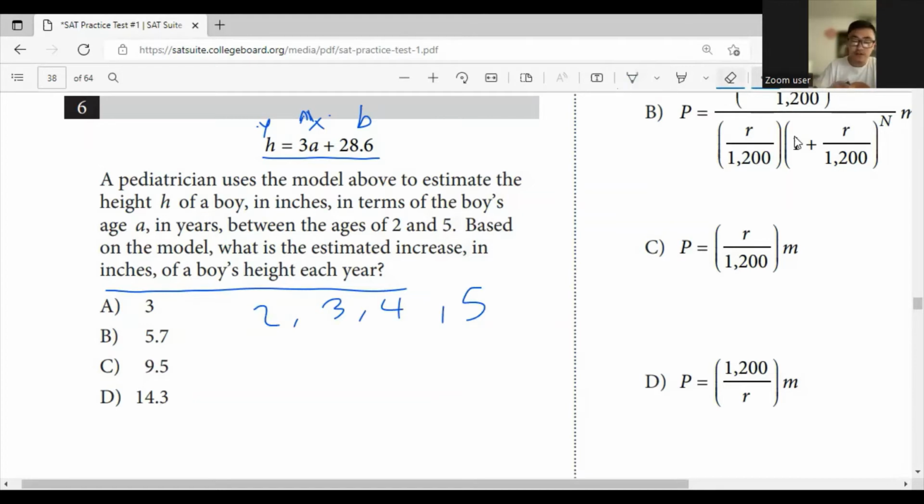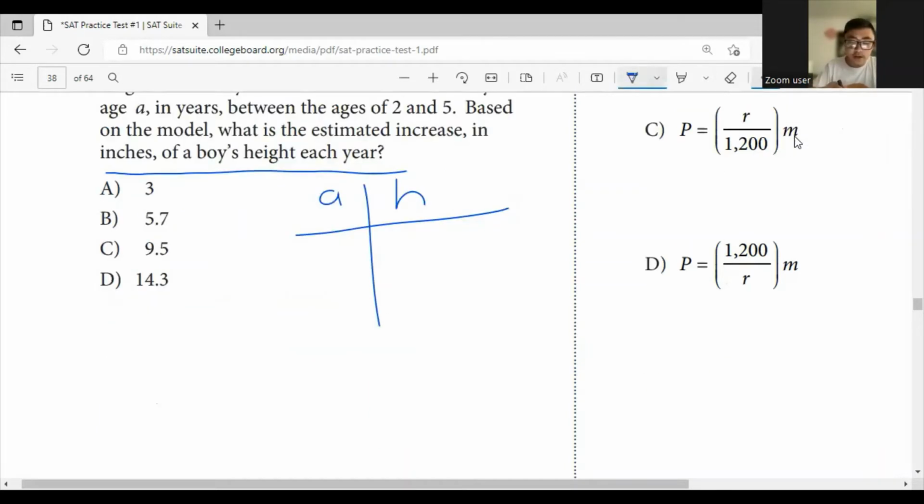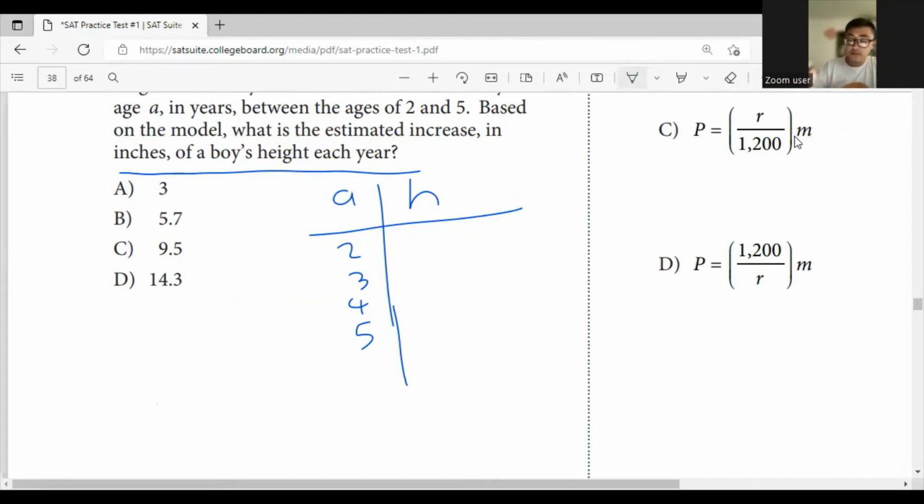Let me make an A and H table, from ages 2 to 5. Keep in mind this is totally not necessary to make. You can avoid this if you know how linear equations work.